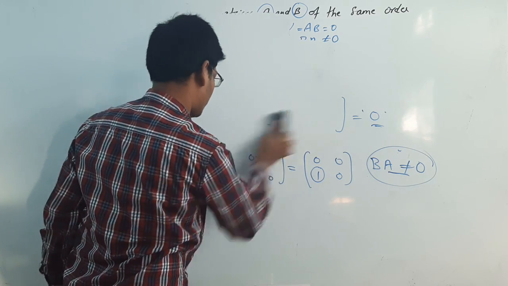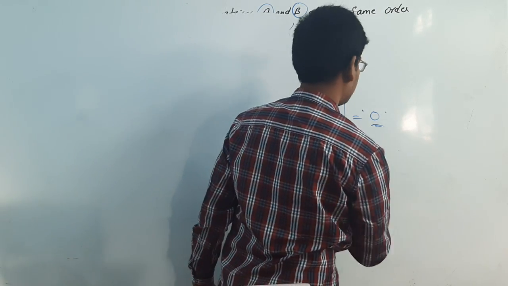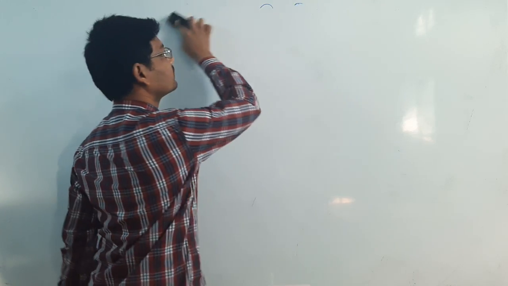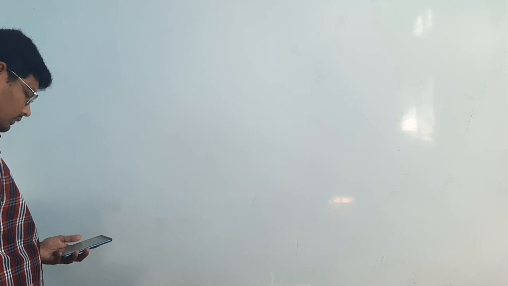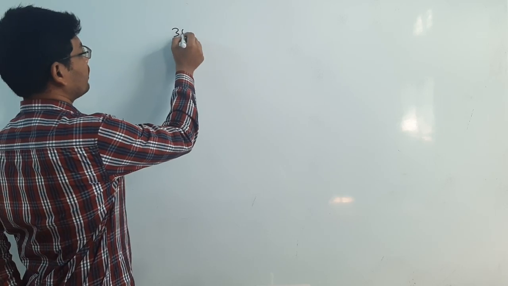just look at the next question and read the question once. I am simply reading this question. A trust fund has to invest 30,000 in two different types of bonds.